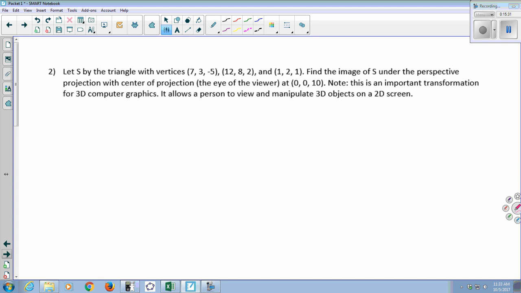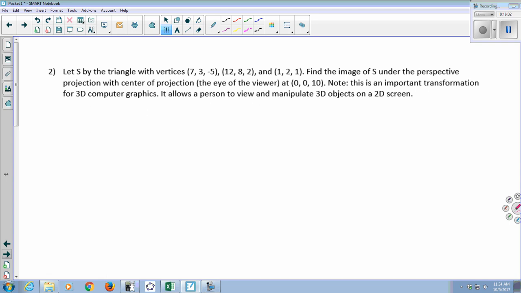Before I start getting into the math of it, the way you program it is, if this is my computer screen, I have my three-dimensional object in front of me, and I'm sitting at the screen and I look at my 3D object. For each important point on the 3D object, you draw a line from your eyes to the screen, and that's how you translate it into a 2D picture.